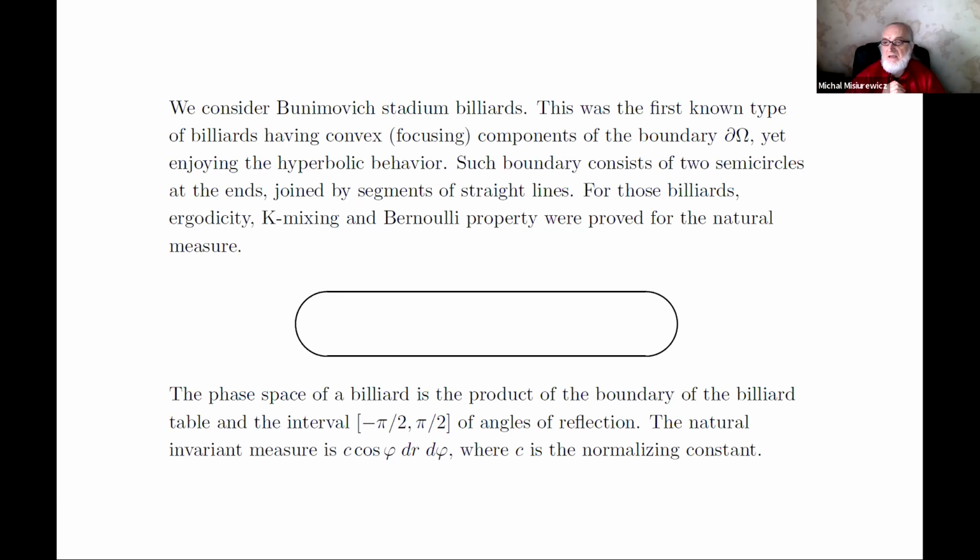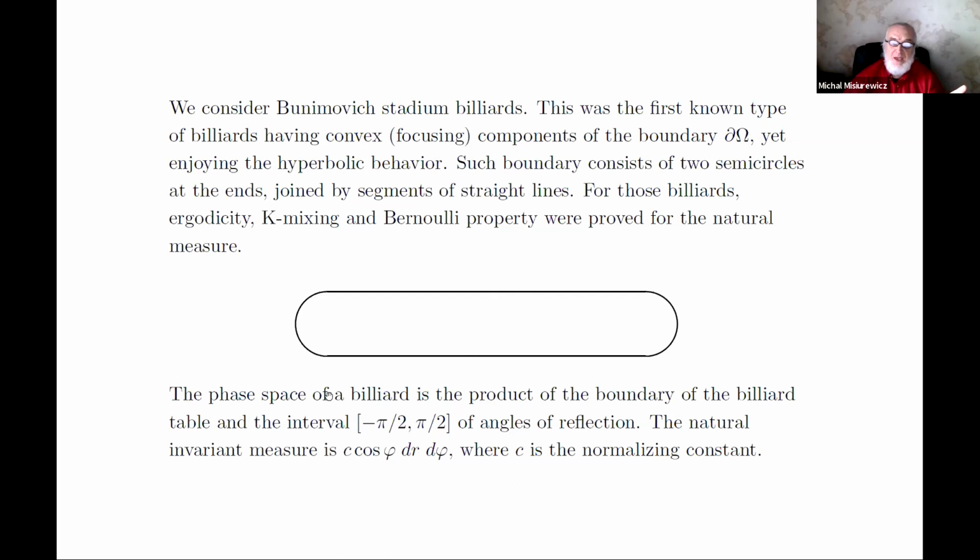Another way is that you only look at the moments of collision with the boundary. So then it is not a flow, but it's a discrete dynamical system. So you start at some point, go in some direction. Okay, so this is a point, and here is the next point. And of course, you have to take into account both the point and the angle.